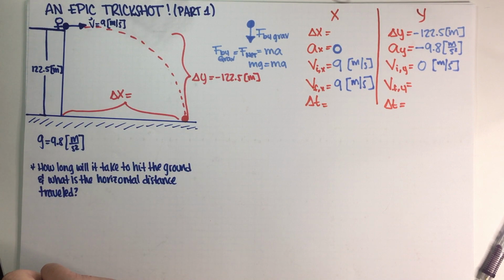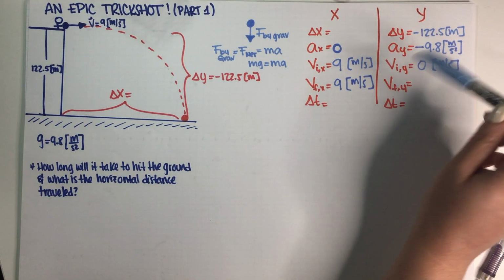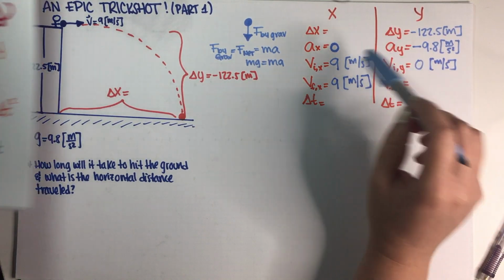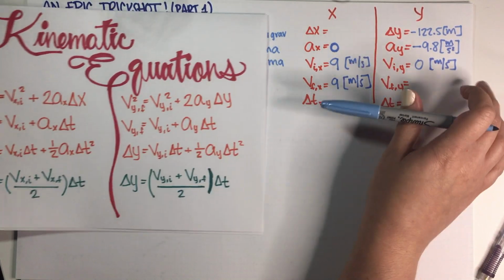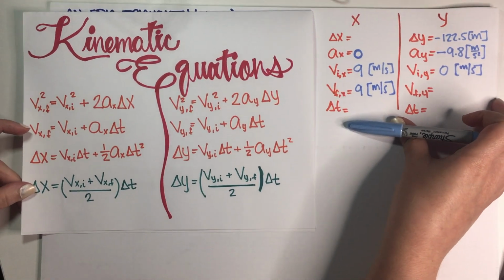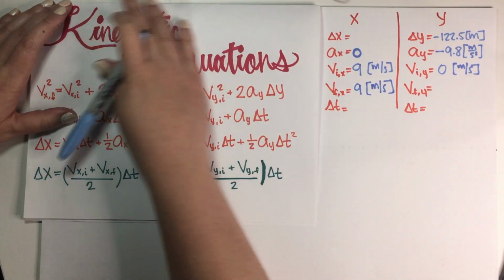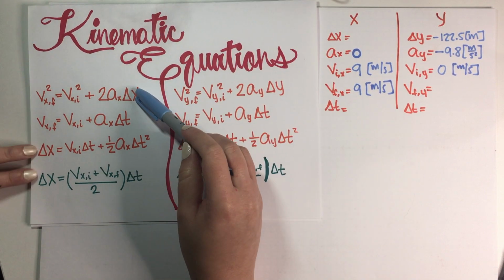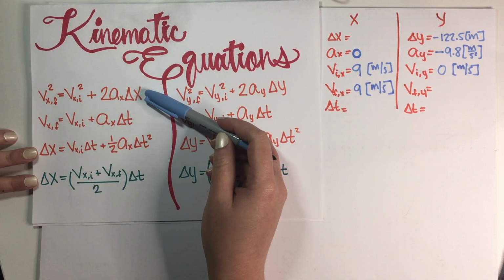what I want to do is start with the y component over here. And let me tell you why. This is really why I like splitting this up, because I get to look at my options and decide very quickly what's going to work. I have 3 equations with delta x over here.